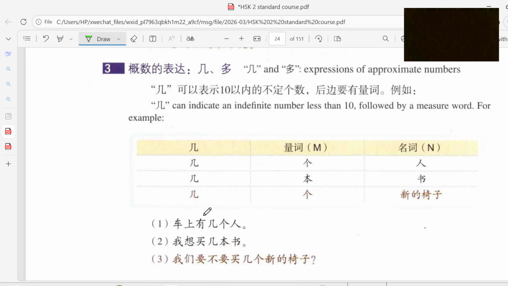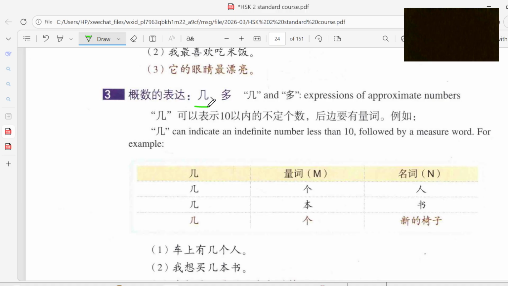Alright, without spending much time, we shall move on to the next part of this lesson series. We looked at ji and duo. This is ji, the third tone, falling and rising, which indicates an indefinite number less than 10. It's not the first time talking about this. We looked at this in HSK1, right? It is followed by a measure word.